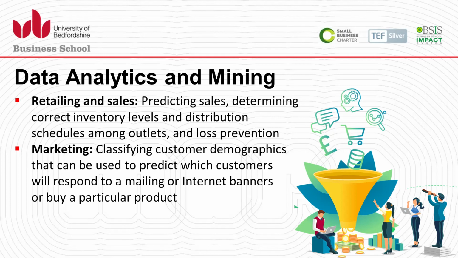The marketing team, with retail and sales, for example, classifies customers by geography or demographics, which can be used to predict which customer segment will respond to mailings or internet banners or buy a particular product. How we decide on a pull or push strategy within marketing again depends on how you get the best out of data mining.